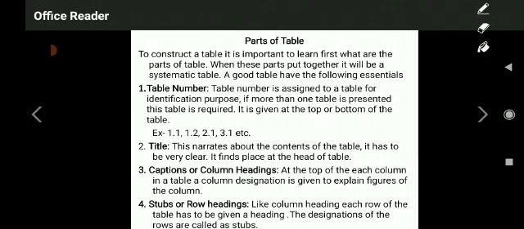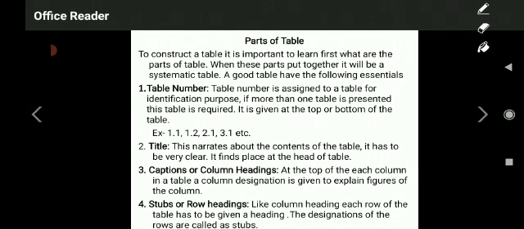It finds its place at the head of the table, exactly at the head of the table, in between. For any number of tables, any type of tables, we need to mention a title for each table, which clearly narrates the content of the table.